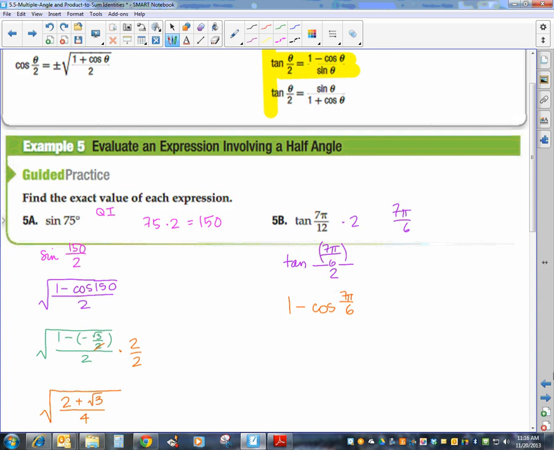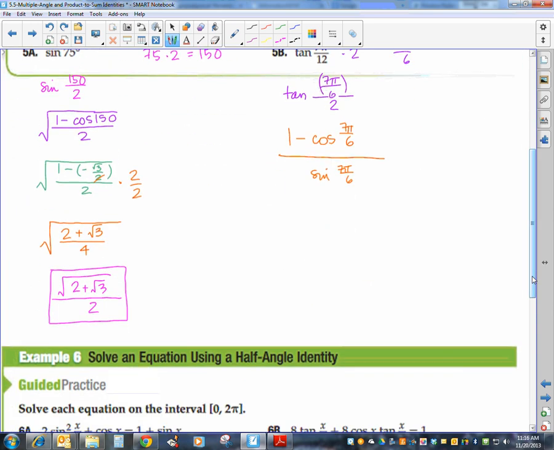So it's 1 minus the cosine of 7 pi over 6 over the sine of 7 pi over 6, using those values from our unit circle. What's the cosine of 7 pi over 6? It is negative square root of 3 over 2. What's the sine of 7 pi over 6?